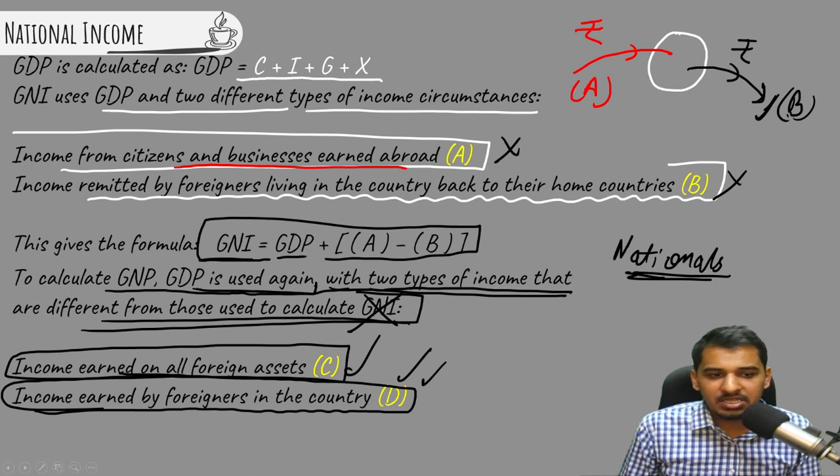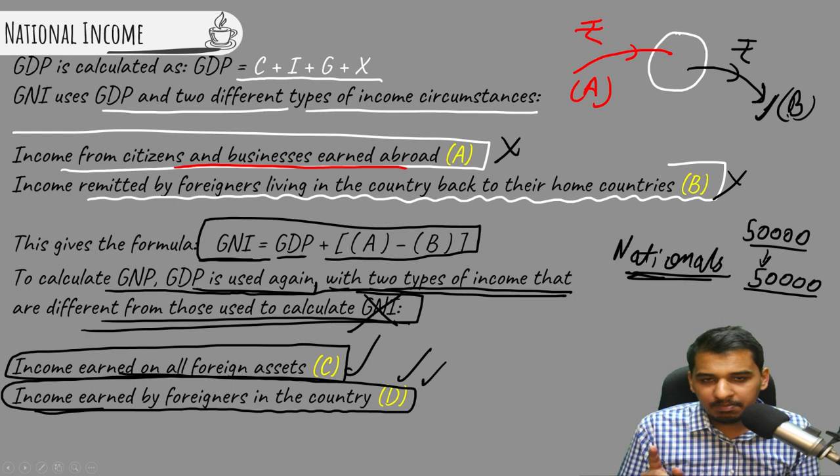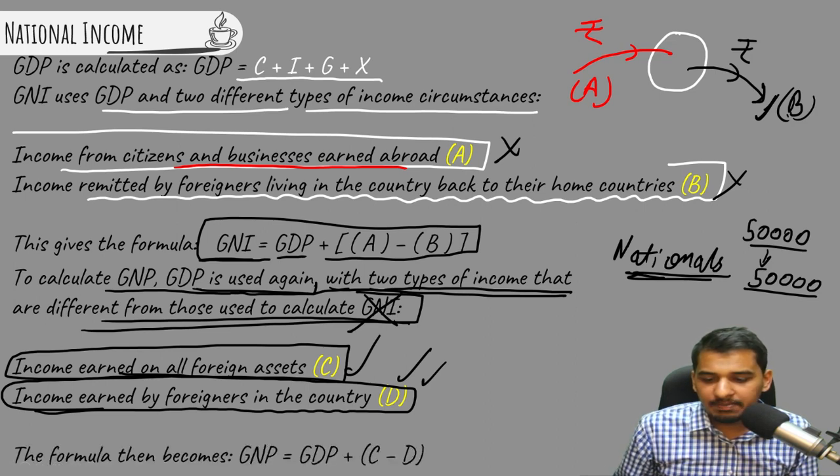If a foreigner is earning say 50,000 rupees and spending the whole 50,000 in India, it will not be considered a part of GNP because he is not a national of the country. So the formula becomes GNP is equal to GDP plus C minus D.